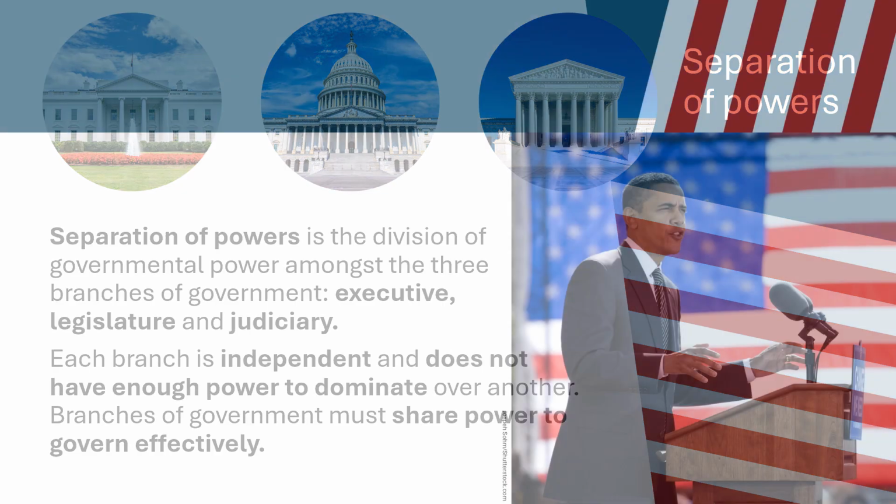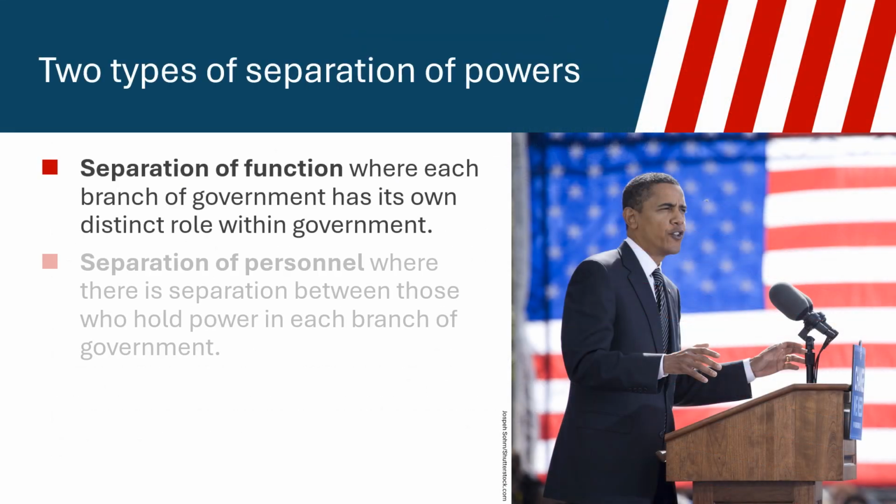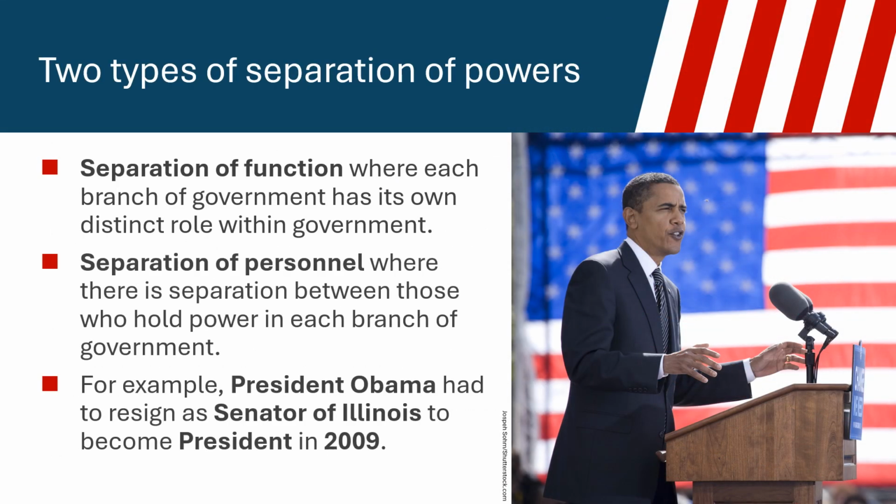There are two types of separation of power. Separation of function is where each branch of government has its own distinct role within government. Separation of personnel is where there is separation between those who hold power in each branch of government. No one person can hold power in more than one branch of government.